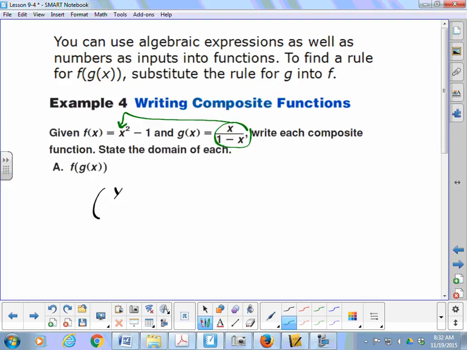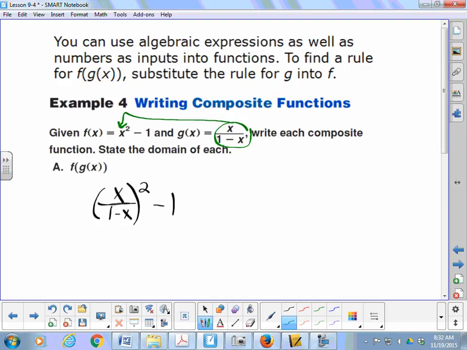So it's x over 1 minus x squared minus 1. And this one we're just going to leave like that.